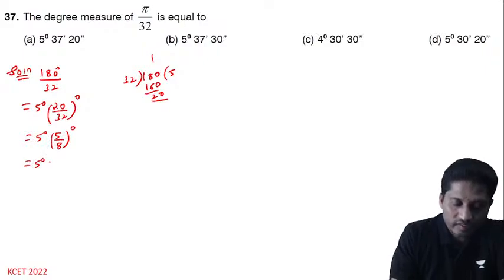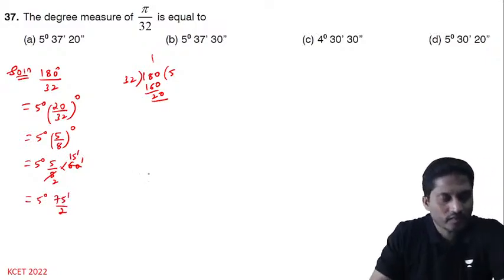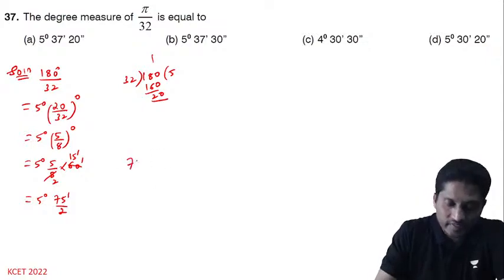1 degree is equal to 60 minutes, right? So this is 60 minutes. If I divide by 4, 4 2's, 4 15. 15 into 5 is 75. So this is 75 minutes by 2. If I divide 75 by 2, 3 2 6, 7 2 is 14, remainder is 1.